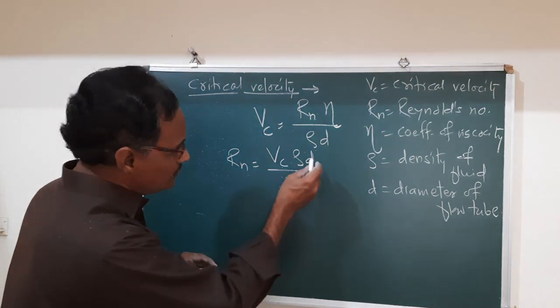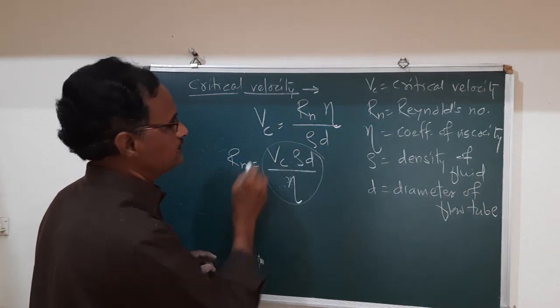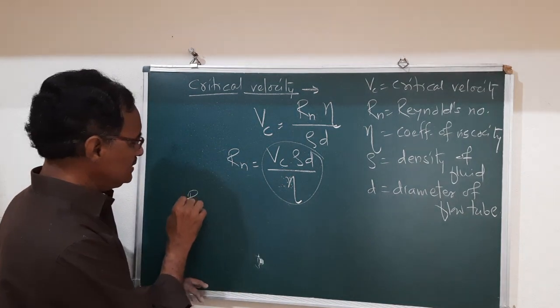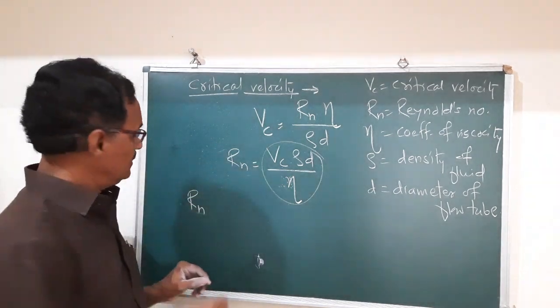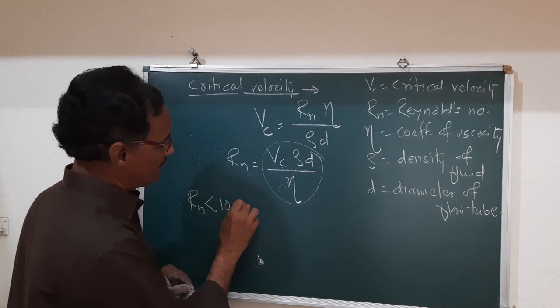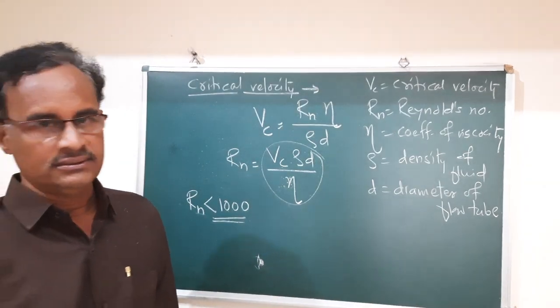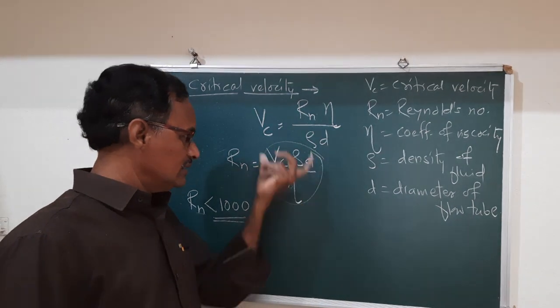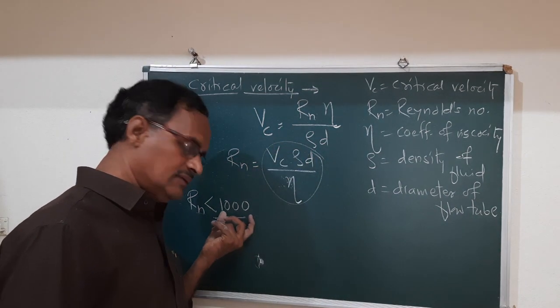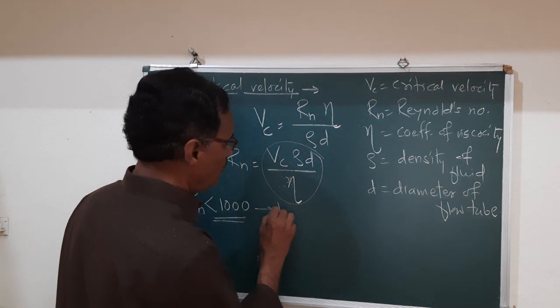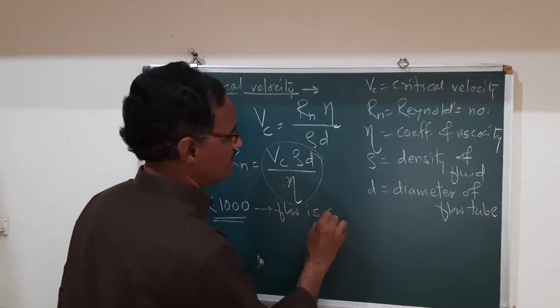Suppose from this calculation we get a Reynolds number less than 1000, then we can conclude that this flow is a streamline flow.